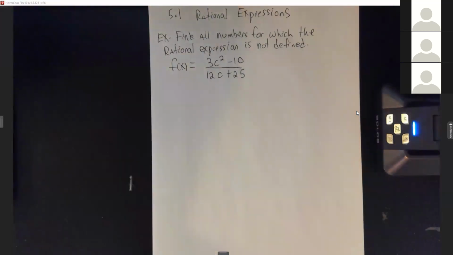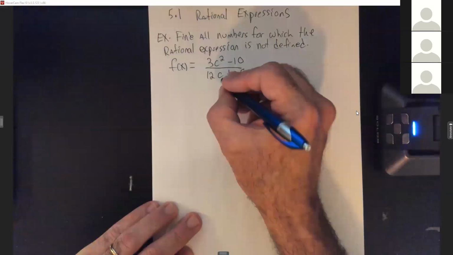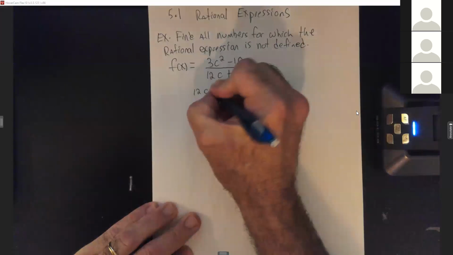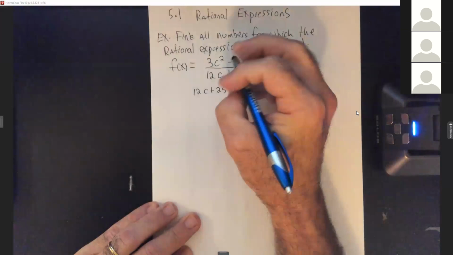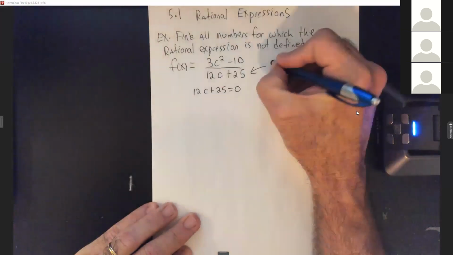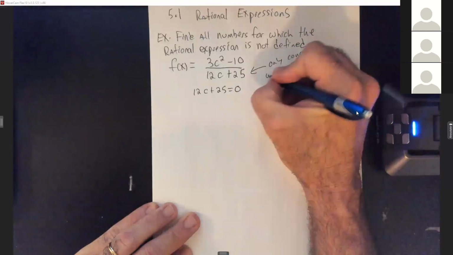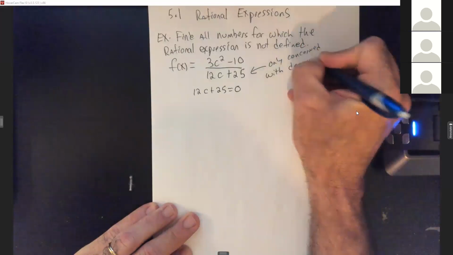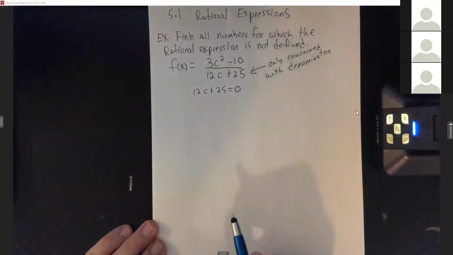So if I want to find numbers for which the rational expression is not defined, I'm going to take that denominator, 12c plus 25, and set that equal to 0. And we're only concerned with the denominator. Okay, remember, because the bottom's what cannot be 0. The top can be 0 all day long, okay?